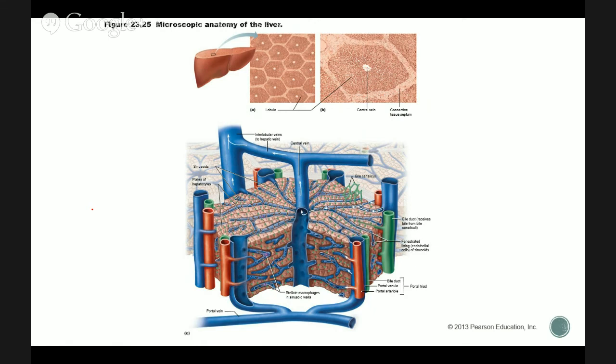The bile ends up in little tubes called canaliculi, which then merge into ducts, and all that bile will end up making its way into one of these bile ducts that we see here, located in the periphery around that lobule. So the liver is the producer of the bile.